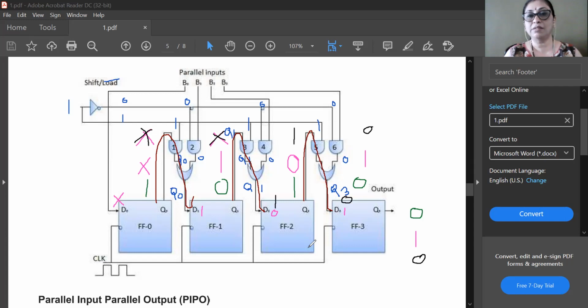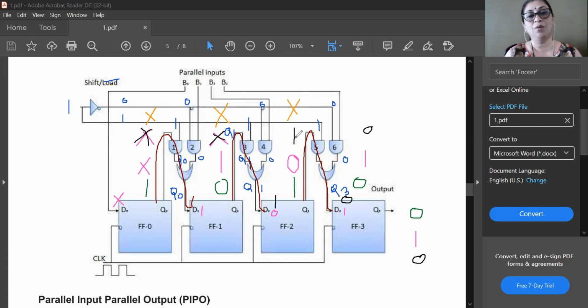In the next condition, we need not worry about flip-flop 0, flip-flop 1, and also flip-flop 2. What we have to see is flip-flop number 3.